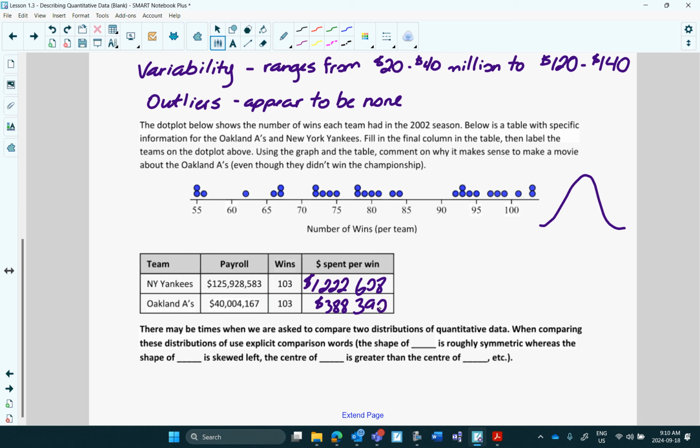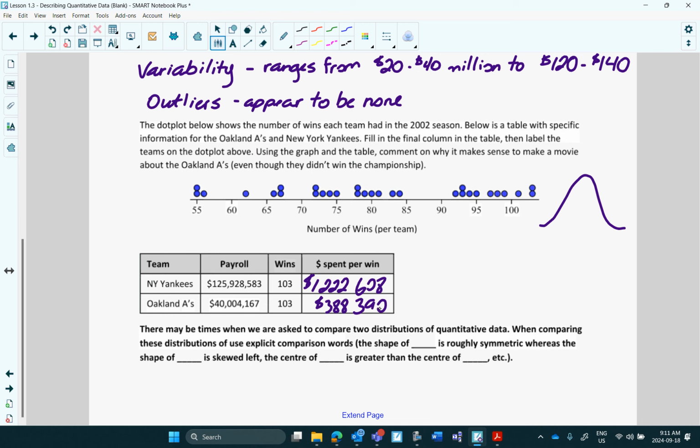Finally, there will be times we're given two distributions and asked to compare the two. What you want to use is comparative words. So you would say, the shape of this distribution is skewed to the right, while this one is roughly symmetric.